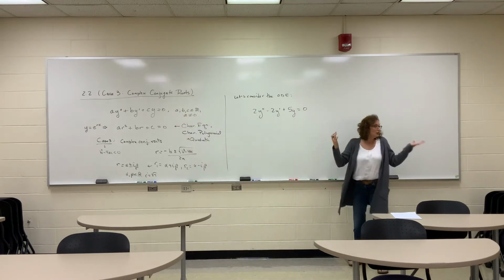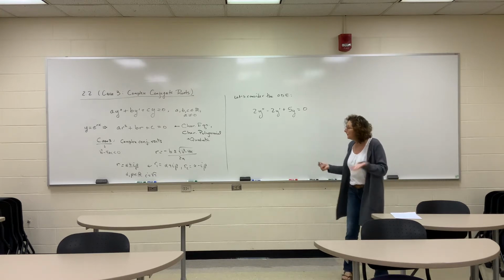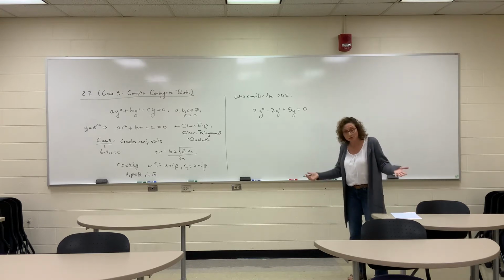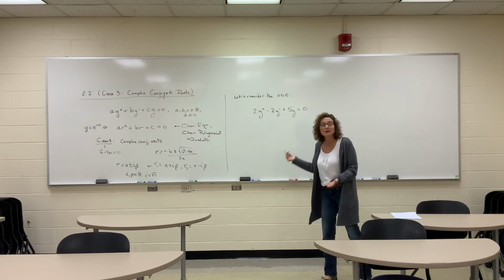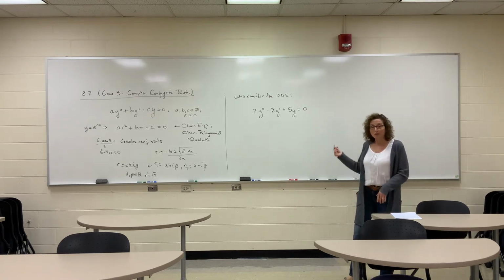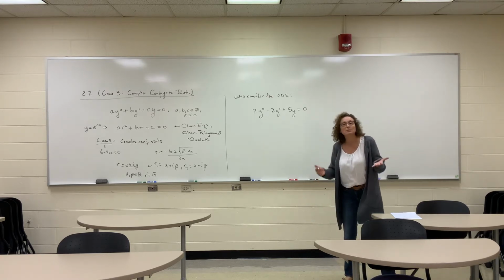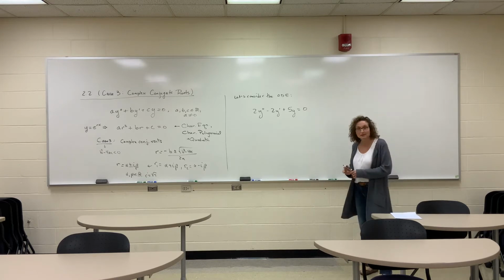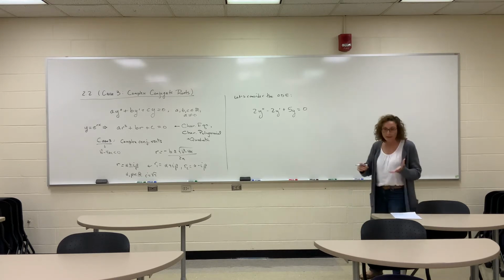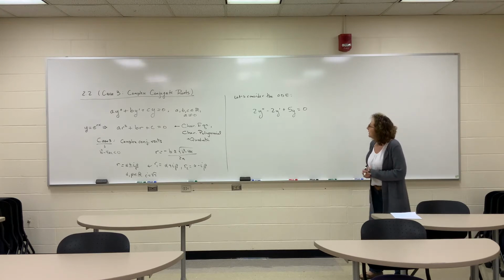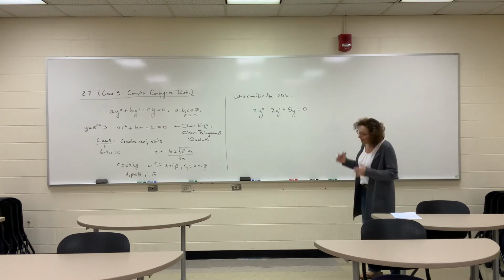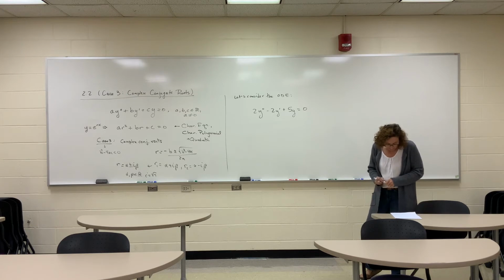And we would like solutions for y as a function of x that are real valued solutions. Solutions like we use for functions in Calc 1 and Calc 2, right? That is, we do real valued calculus, real valued functions of a real variable, okay? So what we would like to come out of that would be keeping it real, right?